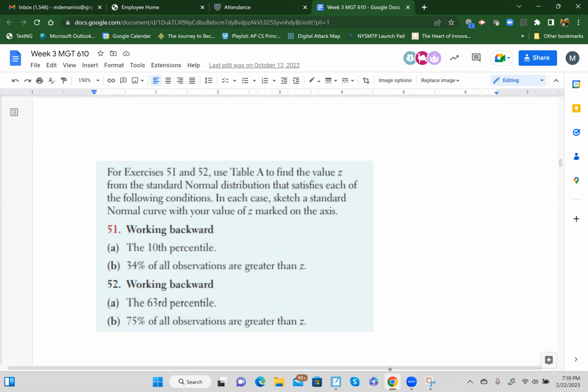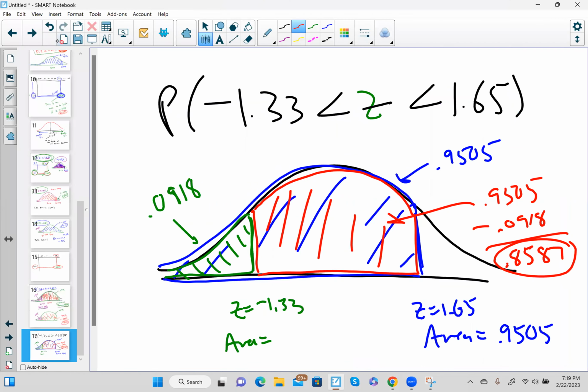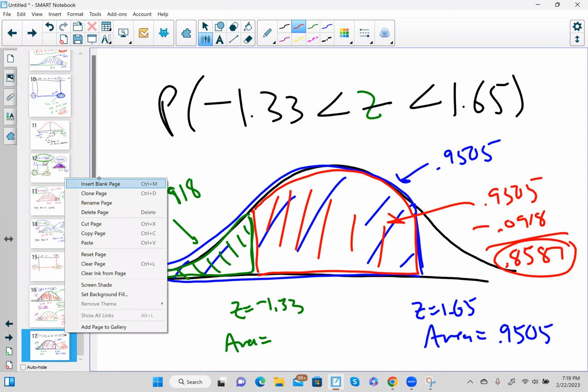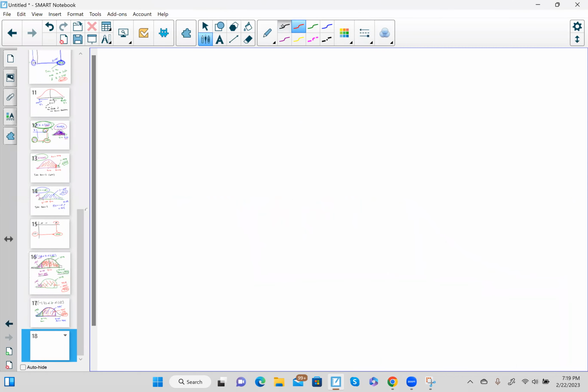So we're going backwards, using the chart in reverse. So we're going to do problem 51, part A. In that question, they're saying find the 10th percentile, whatever that means.